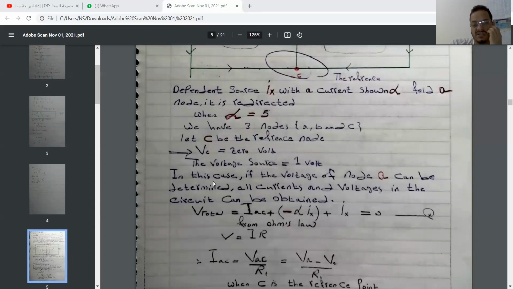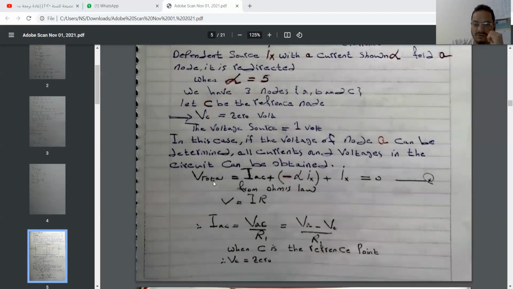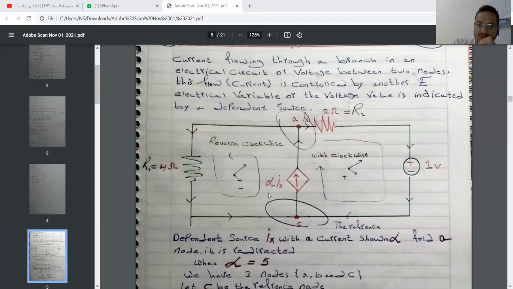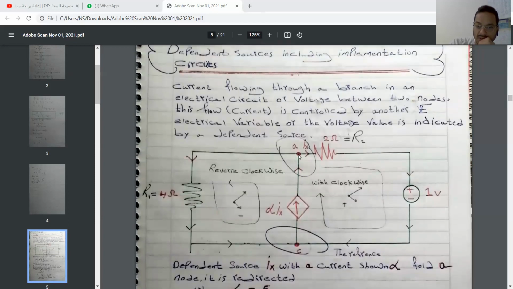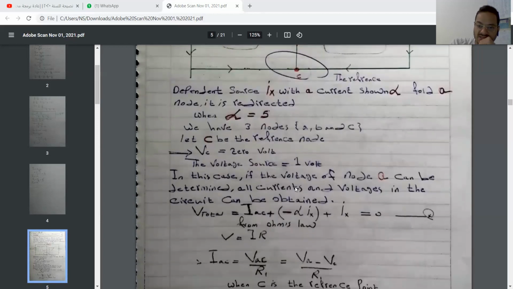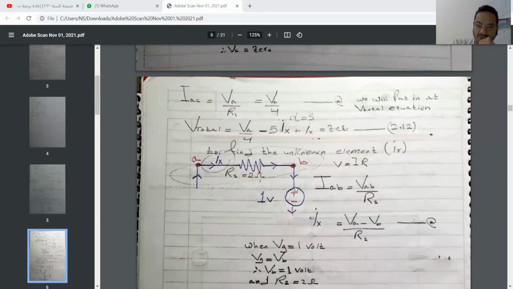We have 3 nodes, A, B, C. Let's make C the reference node, VC equals 0. Now let's talk about here. It's not V total, that's wrong. Here it's I total. I total equals IAC, let me be sure.